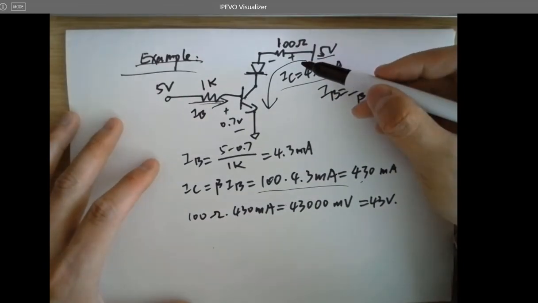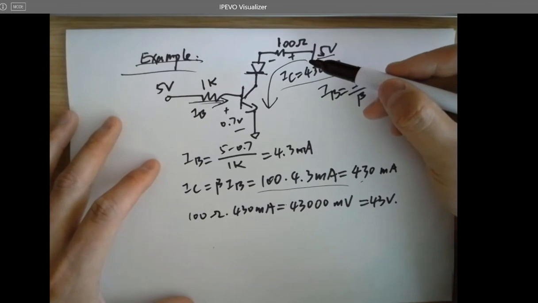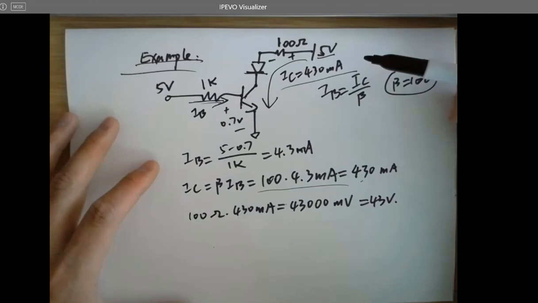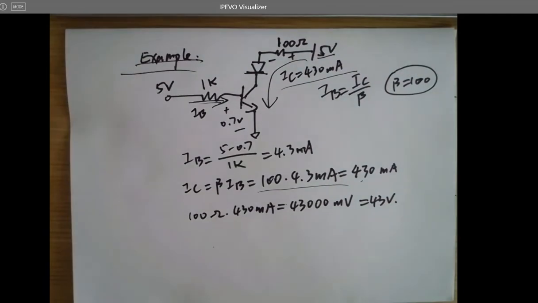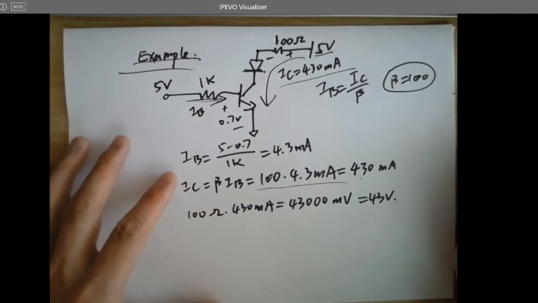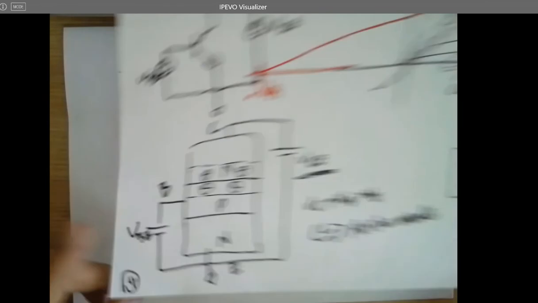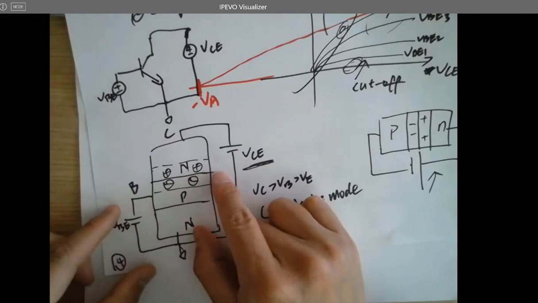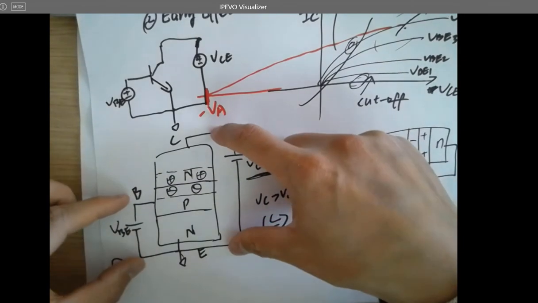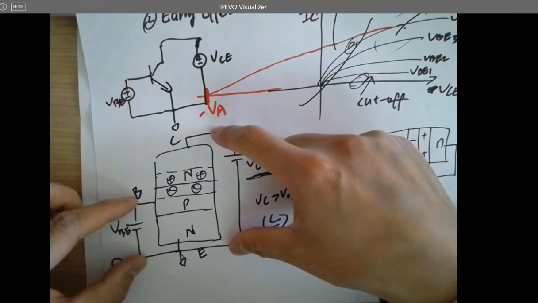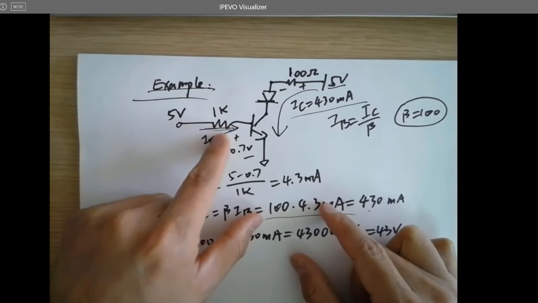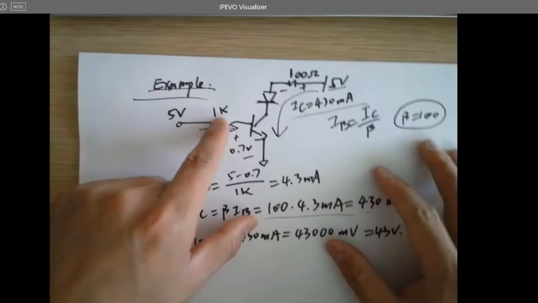So it must be the saturation mode. Why is it being operated in the saturation mode? Are there any other possibilities? For an NPN transistor like this, you need VCE to be larger than VBE. But here, you have a little tiny 1K resistor. It's not super tiny, but it's small.